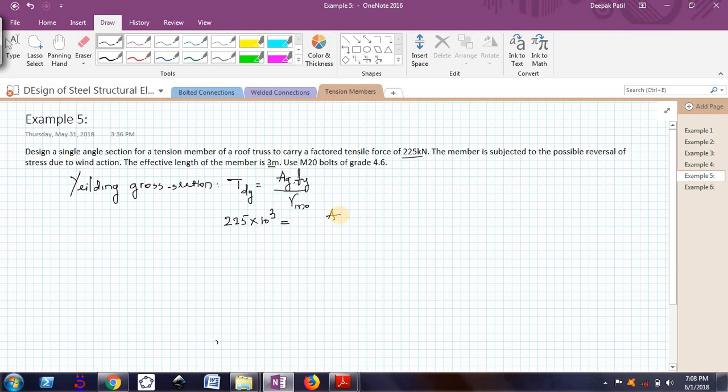Ag I don't know, because I don't know what size of angle I have to use, so I will keep it as Ag itself. I will put fy as 250 megapascals divided by gamma m0 of 1.1. With this relation I can easily find the Ag required, which comes out to be something around 990 millimeter square.